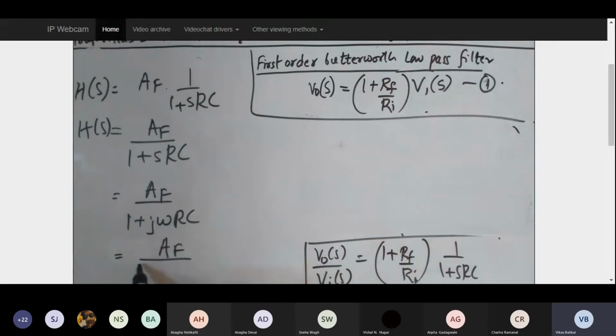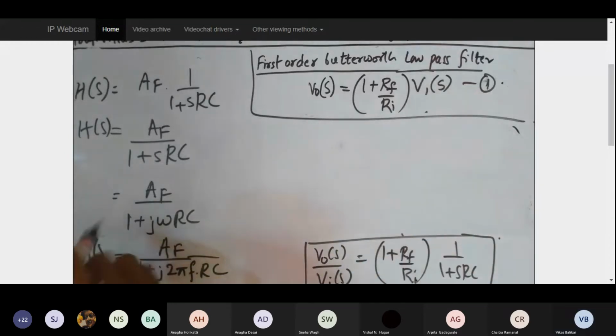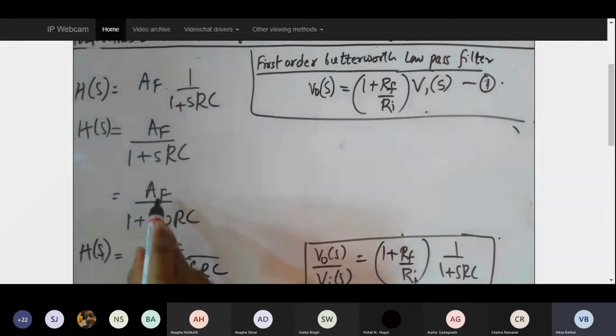Omega is given by 2 pi F. Look how your entire equation is getting transformed to the way I am writing now. AF divided by 1 plus J 2 pi FRC. J omega is because of this S term. Omega is being replaced by 2 pi F. RC is as it is. AF is because 1 plus RF by RI, I am replacing it by AF.